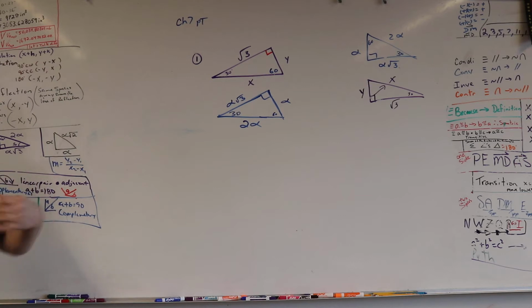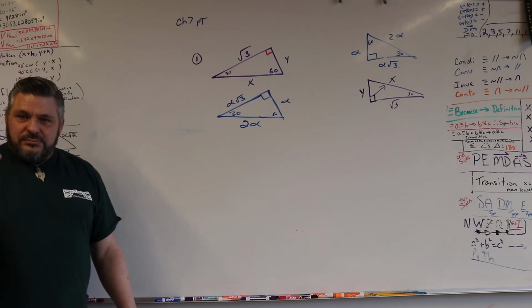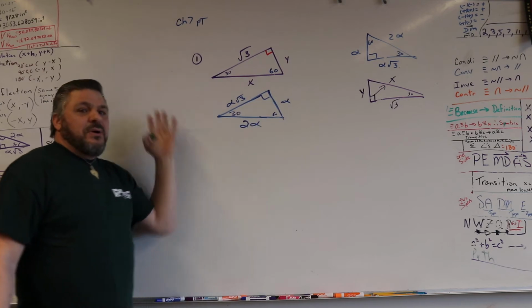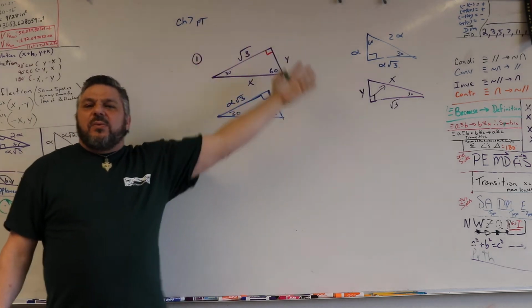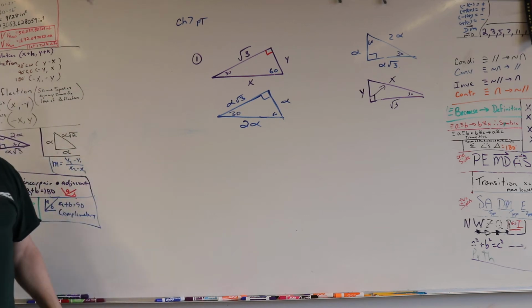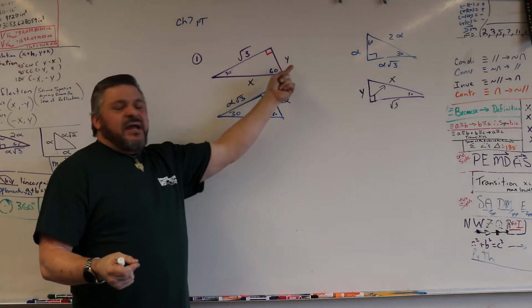Now we need a 2-column proof, right? That's why I like colors. Okay? I want to look for a number. Where's the number? Out of all these sides, which one is an actual number? Is X a number? Is Y a number?